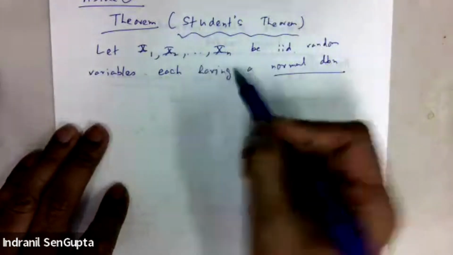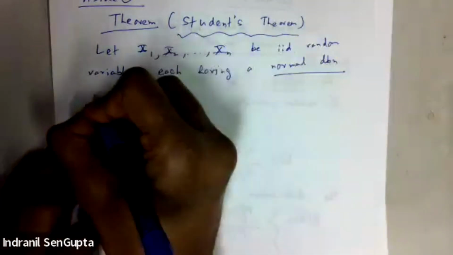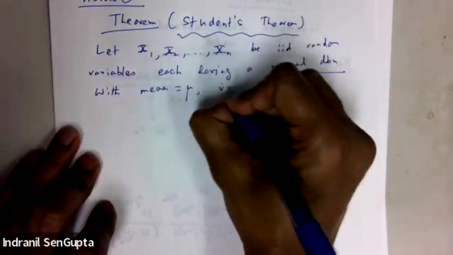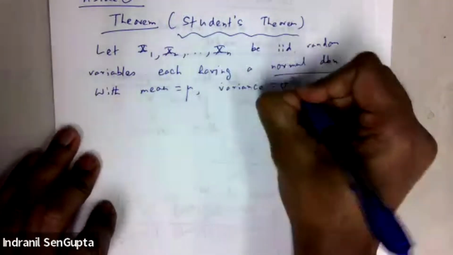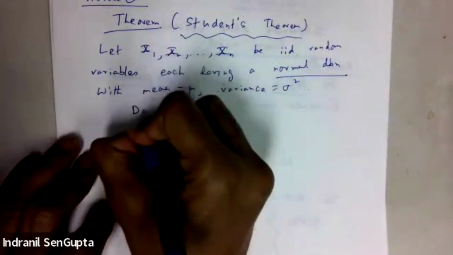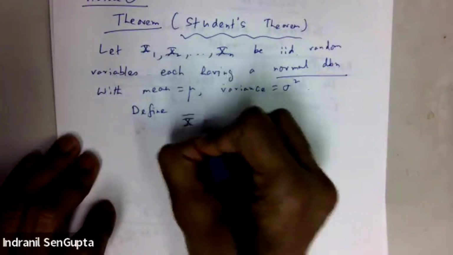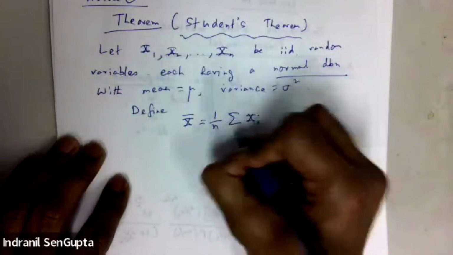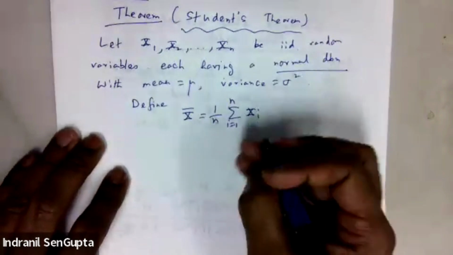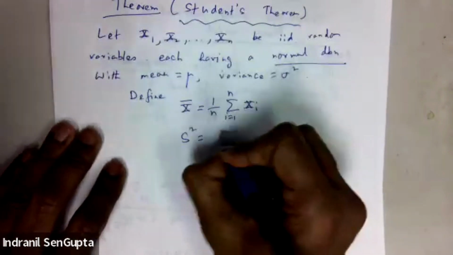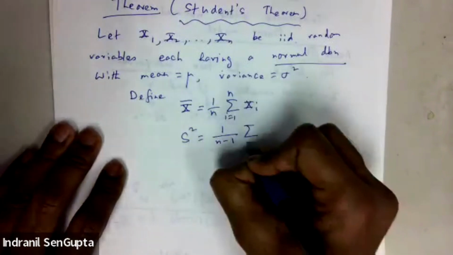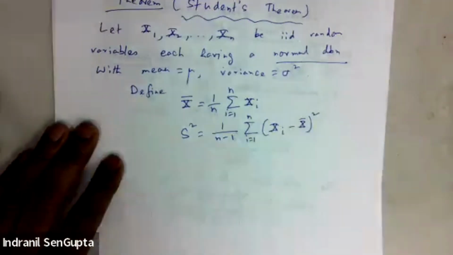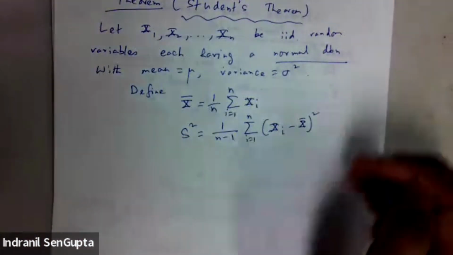We are assuming that X1, X2, everything, they have the normal distribution with mean mu and variance sigma squared. Now define a new random variable, the sample mean, which is 1 over n times the summation of Xi, i from 1 to n, and the sample variance, which is given by 1 over n minus 1 times the summation, i from 1 to n, of (Xi minus X bar) squared. So that's the sample mean and sample variance.